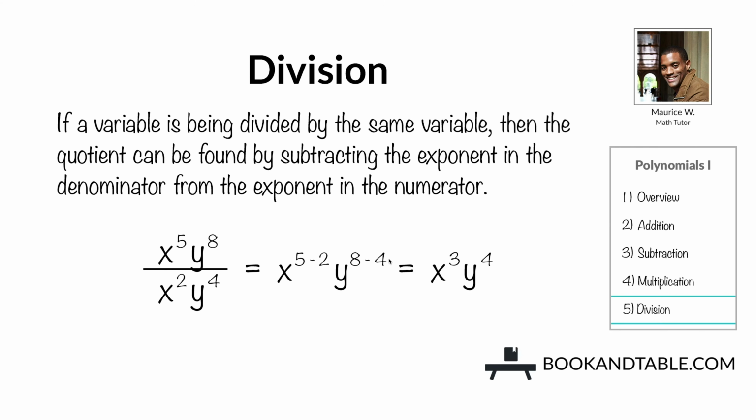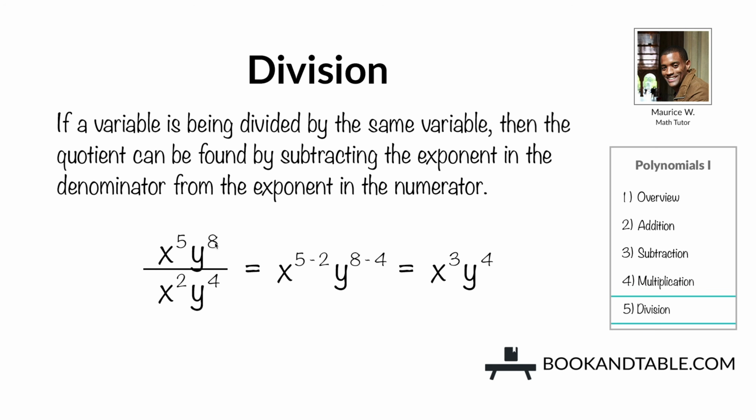If you had multiple variables, you only divide a variable by the same variable. So x to the 5th, y to the 8th, divided by x squared, y to the 4th, is equal to x to the 5 minus 2, which is equal to x to the 3rd.